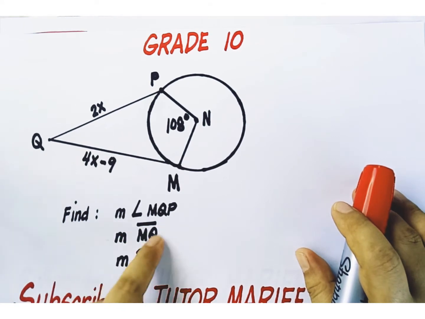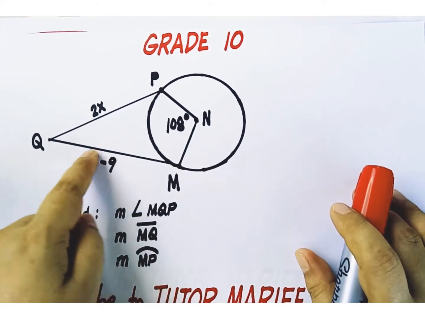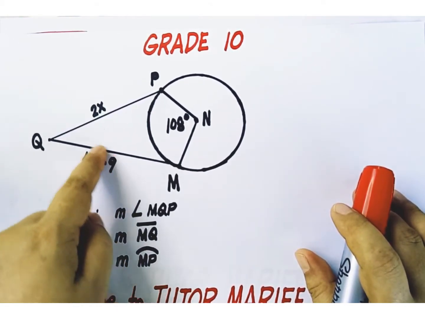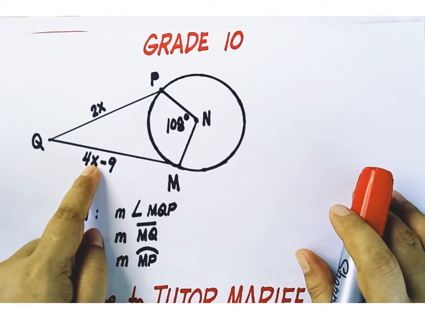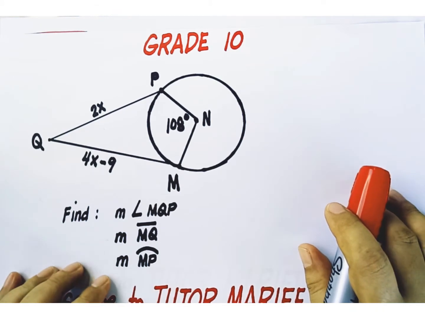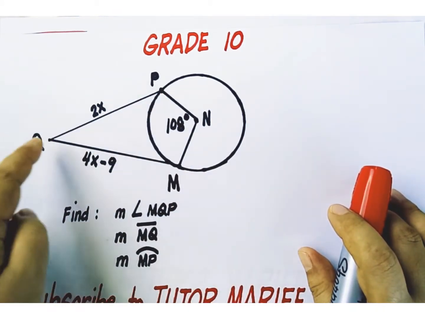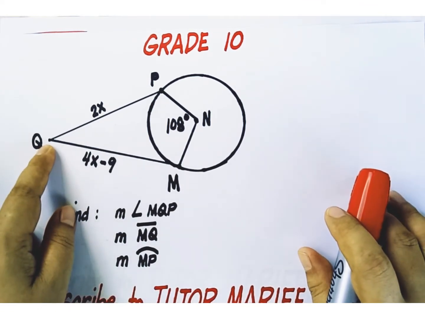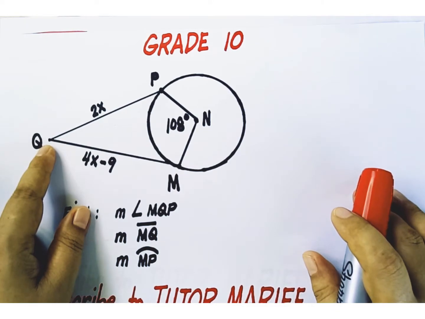Let's proceed to the indicated tangent segment. To be able to find the length of tangent segment MQ, of course, we need to find first the value of x. And remember that two tangent segments joining at a fixed point outside a circle are equal in length.